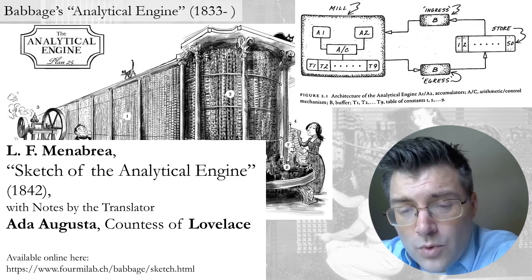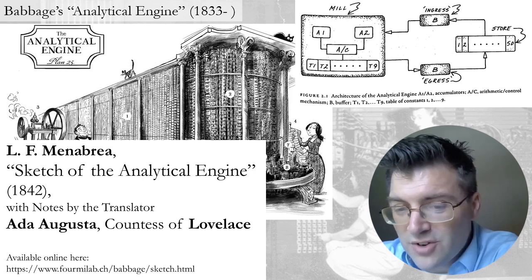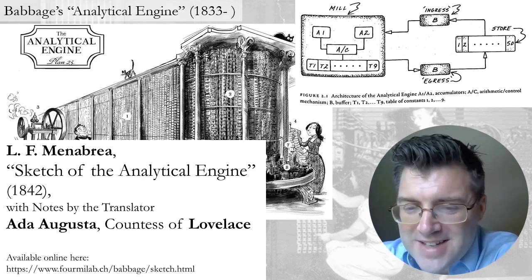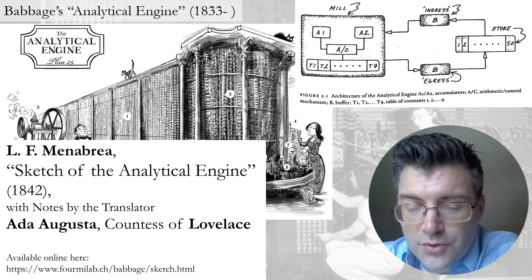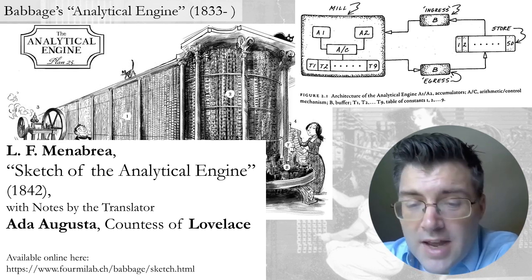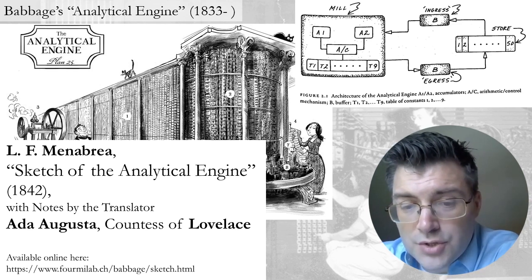And that was coupled with really 3 times as much material as the original Italian article, that material being produced by Lovelace herself, who gave a lot of context for what the analytical engine was and the kinds of things that it could do.